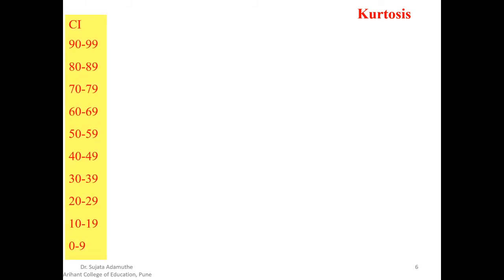What is meant by kurtosis? See here again the class intervals are given, and the frequencies of the first group are given. You can observe that at the middle, the frequency 16 is concentrated, and here it is 6, 1, and here 0, 0, 0, 0, there are no frequencies.